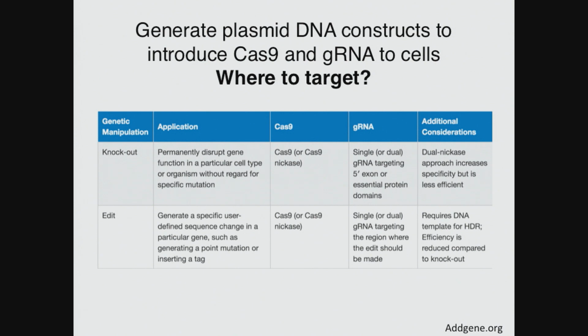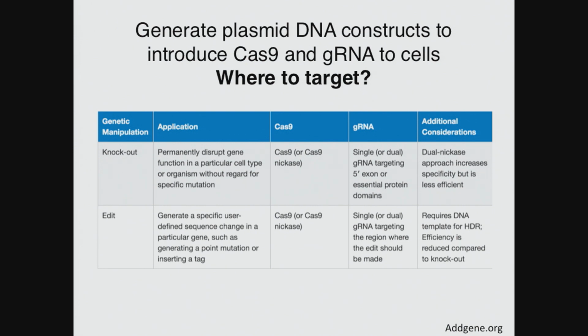All right, so the first question you have to answer for yourself, depending on the experiment or the question of interest, is where do you want to target your guide RNA? Whether you want to do a knockout or an editing, you need to design a strategy where you target the region that you want to edit.